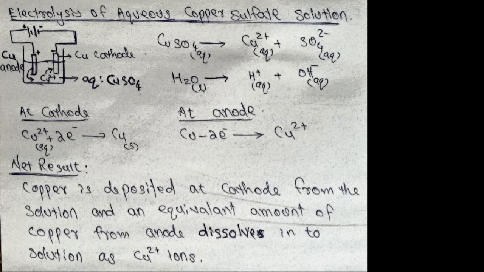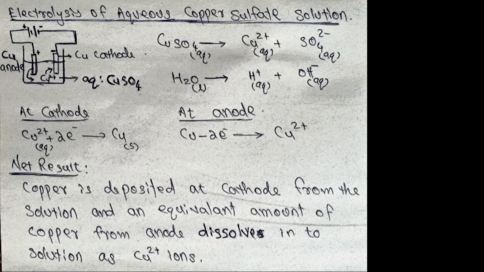Similarly, at anode there are three possible reactions: SO4 2 minus, OH minus and another one, oxidation of the copper anode. Copper loses electrons to form Cu2 plus. This has the higher tendency, oxidation of Cu to Cu2 plus. This reaction has more possibility.